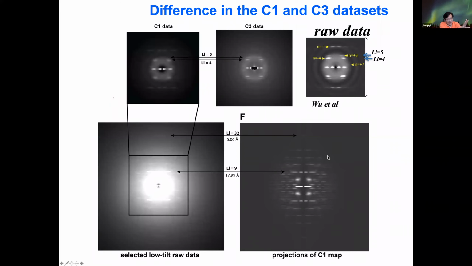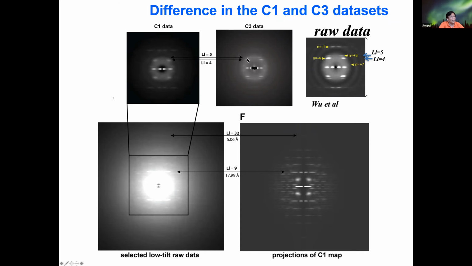So as I mentioned, we have two different symmetries. This can also be demonstrated from the raw data. In the raw data, we can separate the C1 filaments and the C3 filaments, and then put them together.